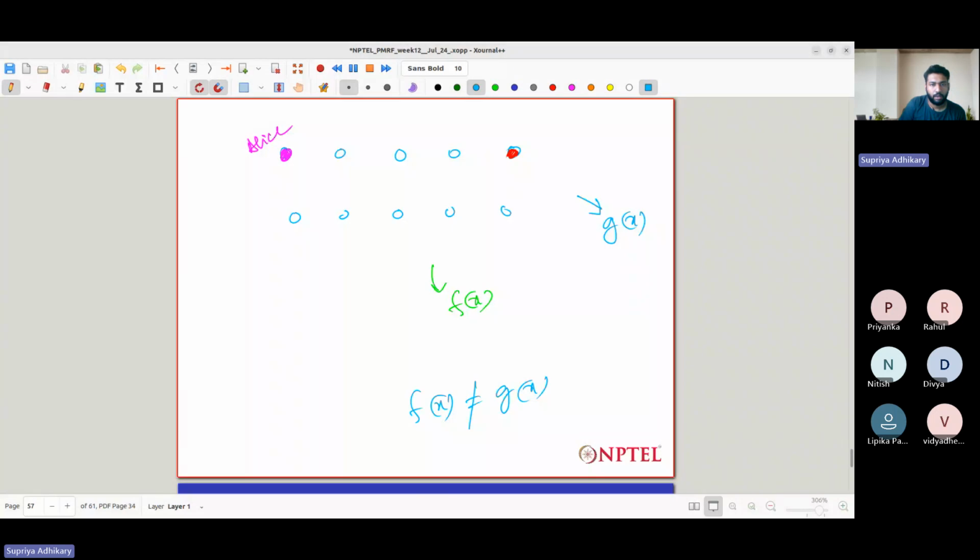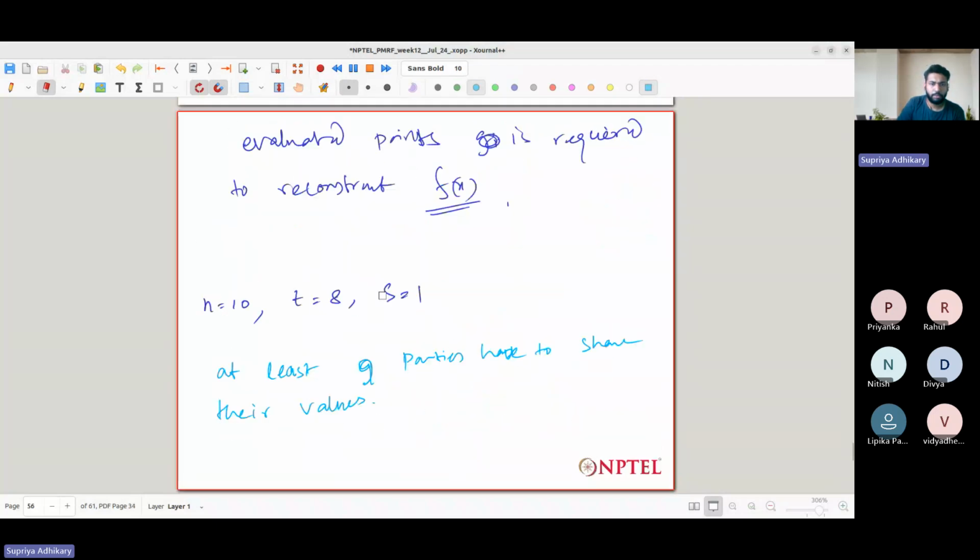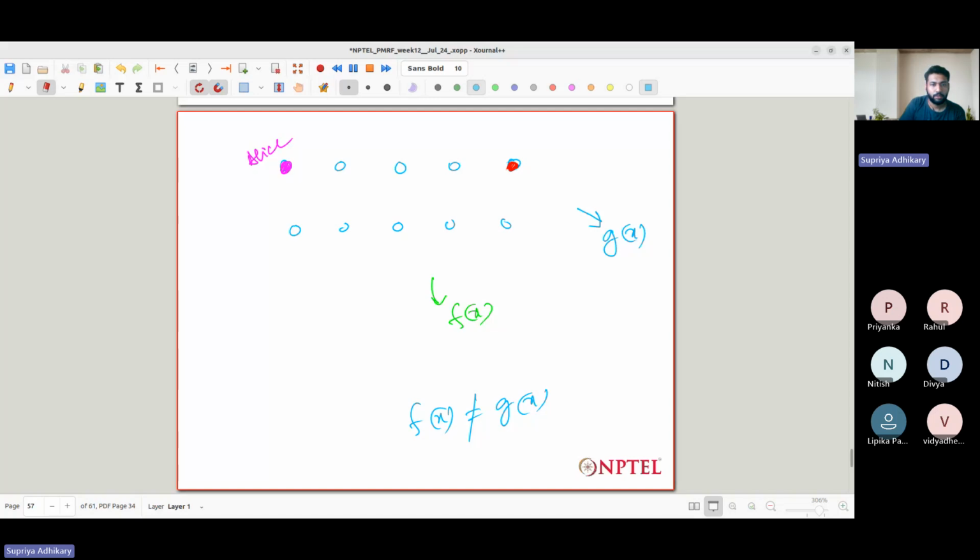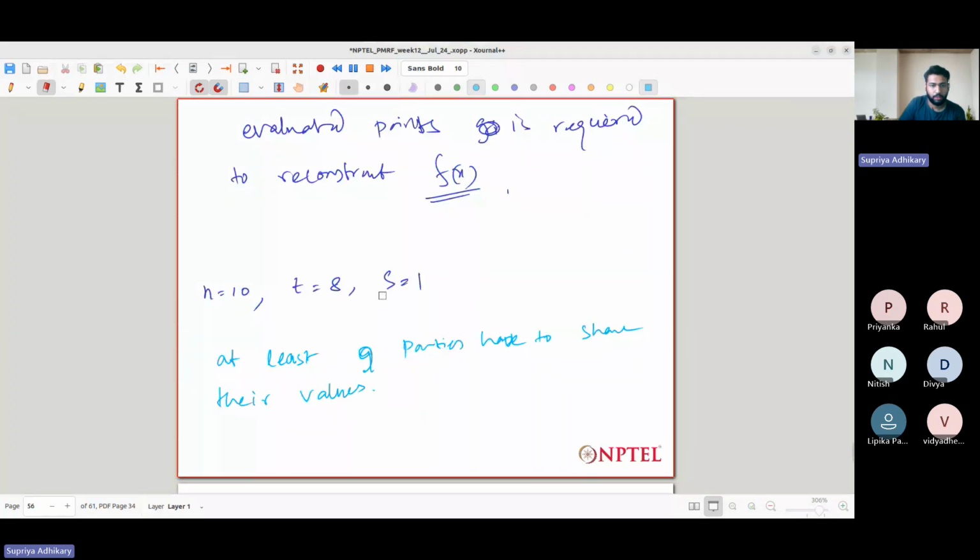And again, excluding this will give us some different polynomial. So each time we will see some new polynomial, and therefore Alice can detect whether someone has corrupted the data or not, whether someone has given some incorrect value or not. So therefore detection is possible with this.